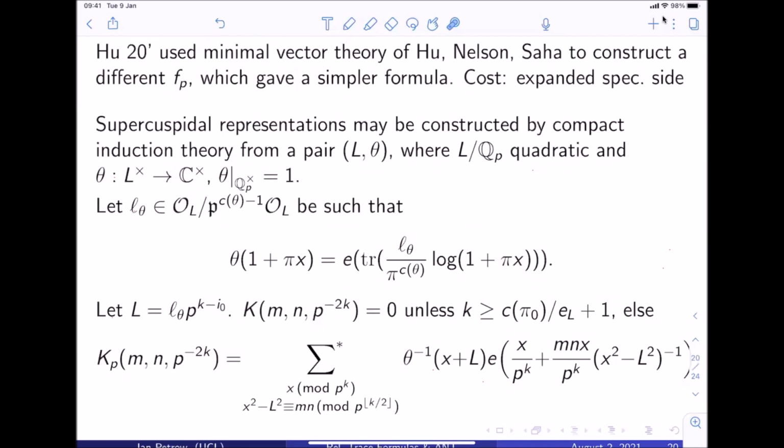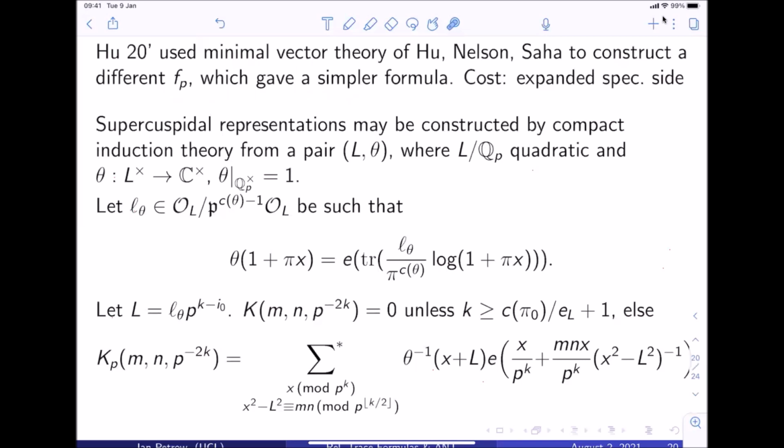If I was going to expand this slide into a whole talk, Yuke would have to give that talk, so I'll suppress most of the details. But using this minimal vector theory, you can give a simpler formula for the Kloosterman sum by choosing f not to be just one matrix coefficient, but some linear combination of matrix coefficients.